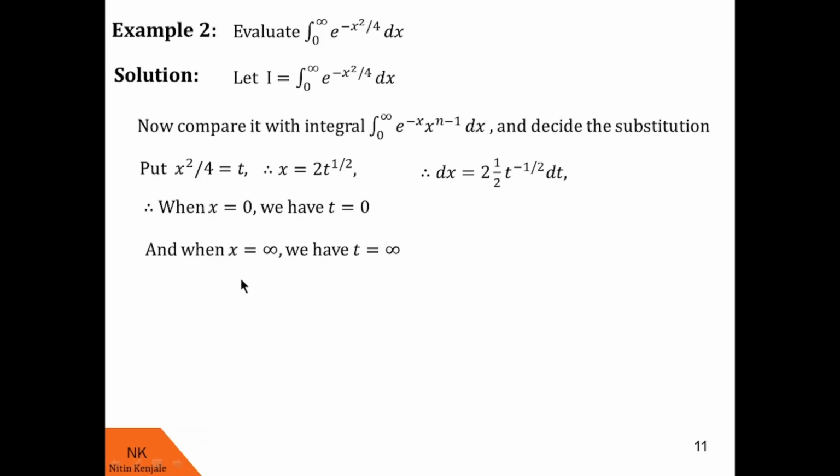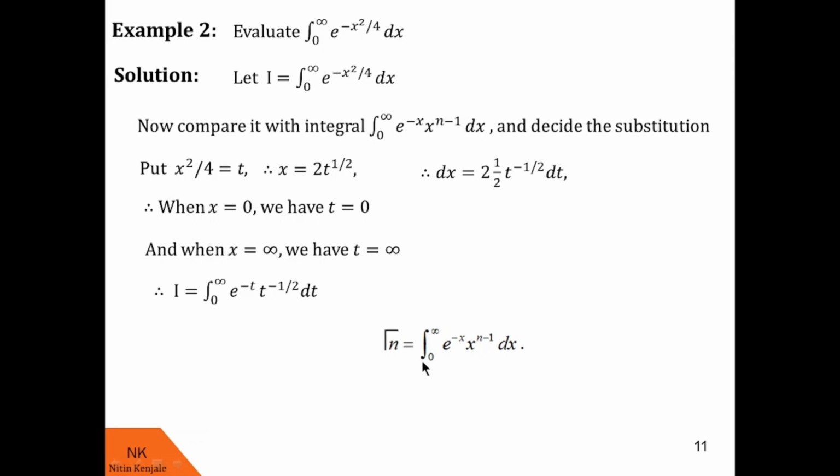Now let's transform this integral I from variable x to variable t. Integral I will become integral from 0 to infinity. E raised to minus x square by 4 becomes e raised to minus t, and dx we have seen is equal to t raised to minus half dt. Now simply compare this integral with the integral in the gamma definition.